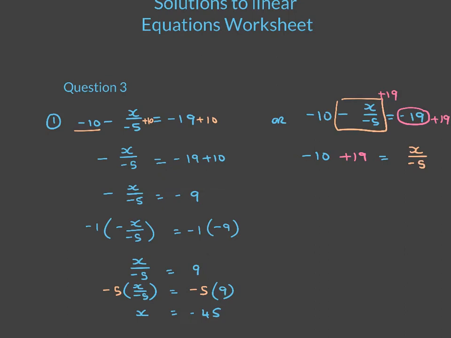Minus 10 plus 19 is 9, and that is equal to x over minus 5. Multiply minus 5 to both sides of the equation. We get minus 45 is equal to x. That means x is equal to minus 45.